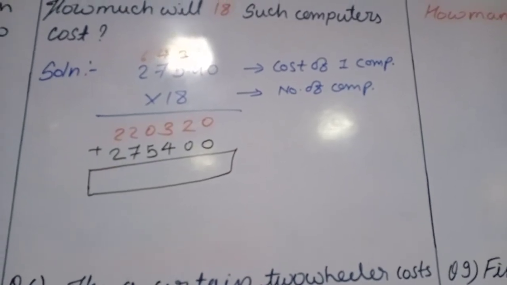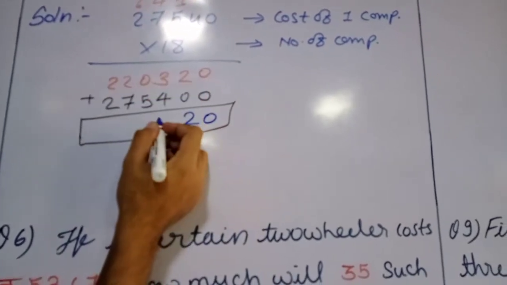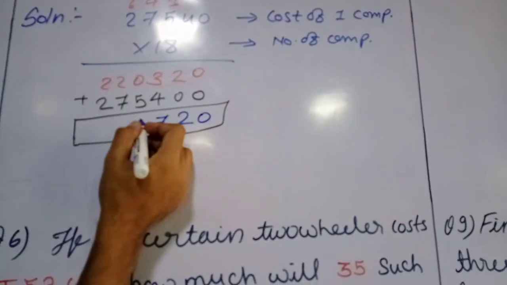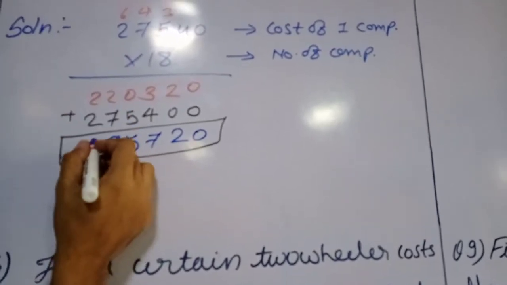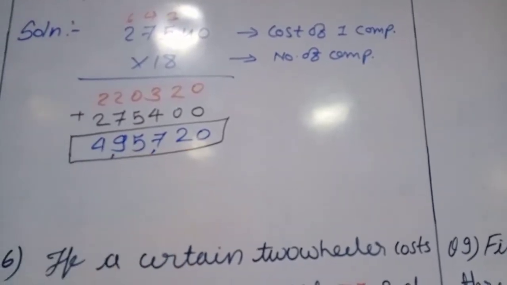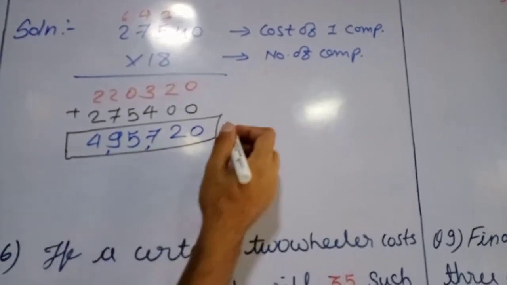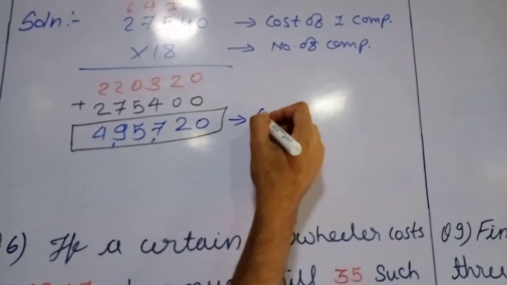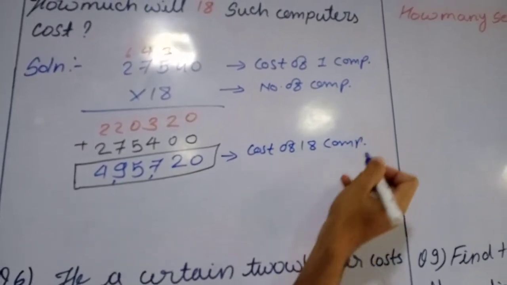We'll get the answer. 0, 2 plus 0, 2, 3 plus 4, 7, 0 plus 5, 5, 7 plus 2, 9, 2 plus 2, 4. This will give 4,95,720. That is the cost of 18 computers.